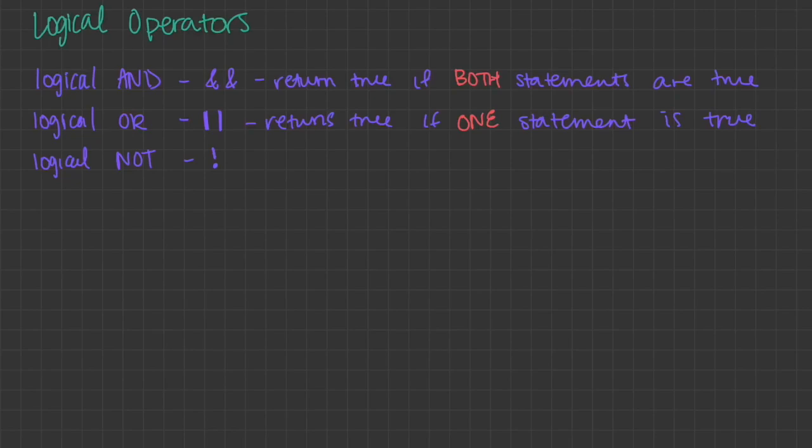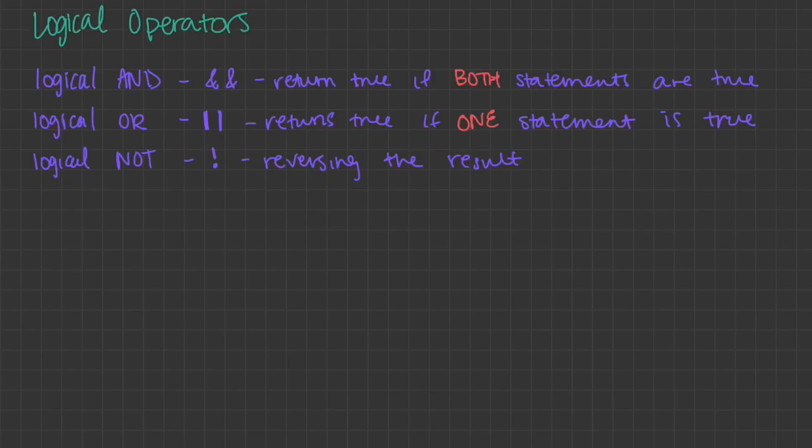So only one of the two statements on either side of that OR needs to be true. And lastly, logical NOT. This one is easier to think about as just reversing the result. So it returns true if the Boolean expression is false, and it returns false if the Boolean expression was true.